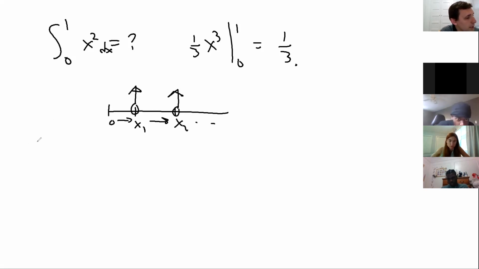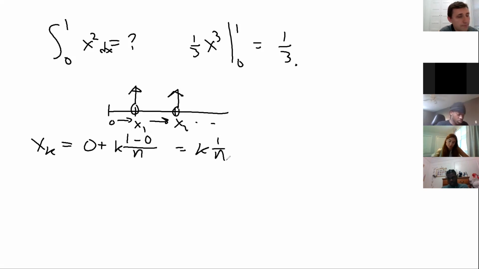It means that xk is equal to 0 plus (1 minus 0) divided by n times k, which is simply k times 1 over n. Agreed? Now I am going to calculate f of xk times 1 over n, the width.